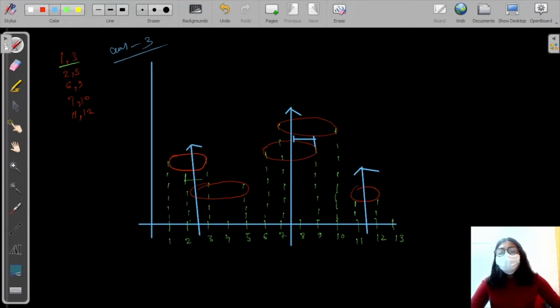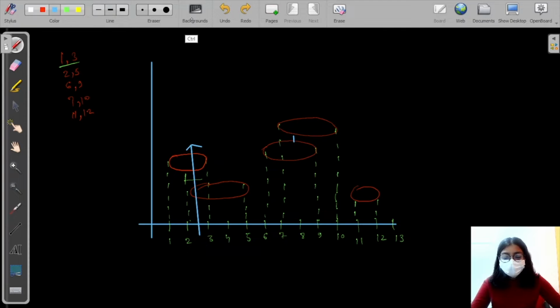All right, then there can be a possibility that my balloons were somewhat like this. Let's say there was someone else's balloon also there. Let me just make another balloon. Let's say there was a balloon starting from point 5 and ending at point 7.